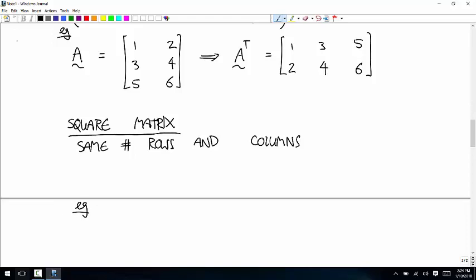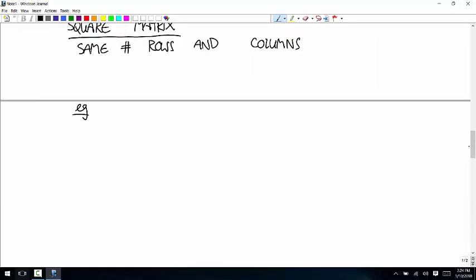So for example, 1, 3, 1, 2, 2, 4, 1, 0, -6 is a square matrix.